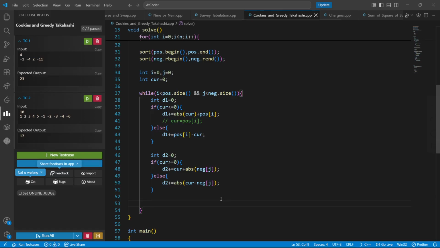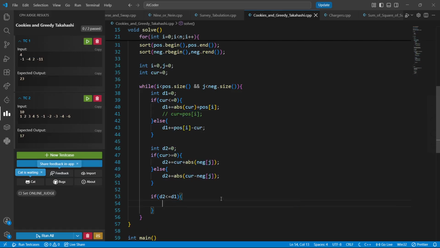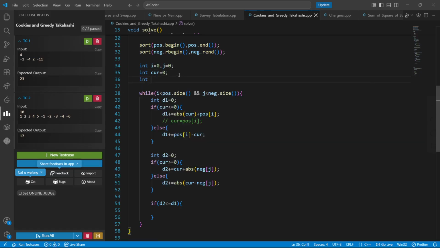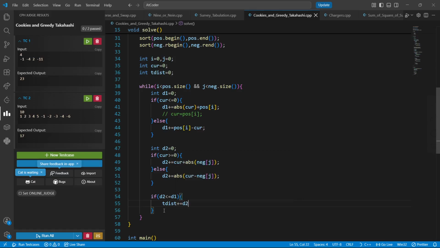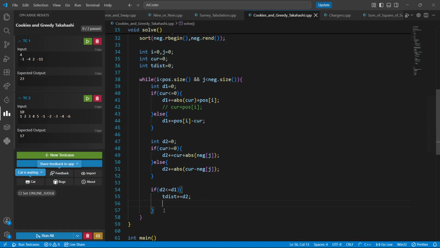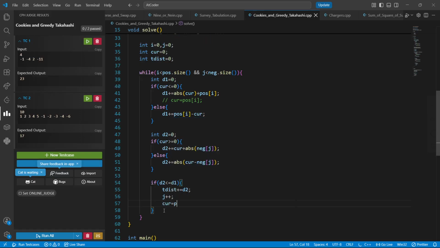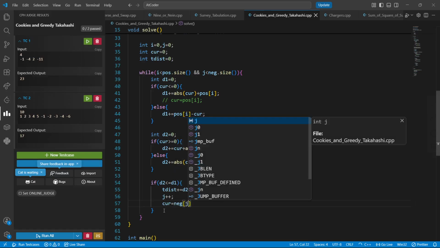Now we check if distance 2, which is on the negative side, is less than or equal to d1. Even if it is equal, we'll be taking the negative side. So for the total distance, I'll take one variable, t distance, which is the total distance. Total distance is going to add d2 since d2 is smaller, and since you have chosen the negative side cookie, j is going to increase and your current position is going to be negative of j.